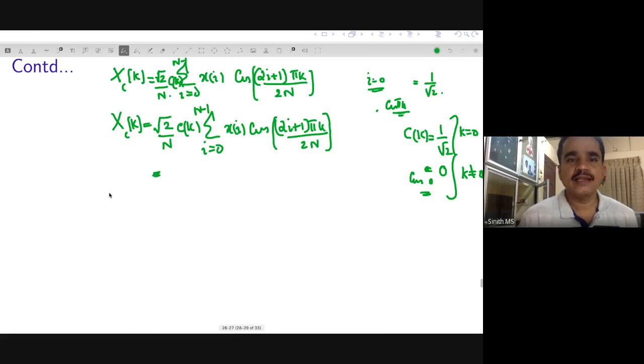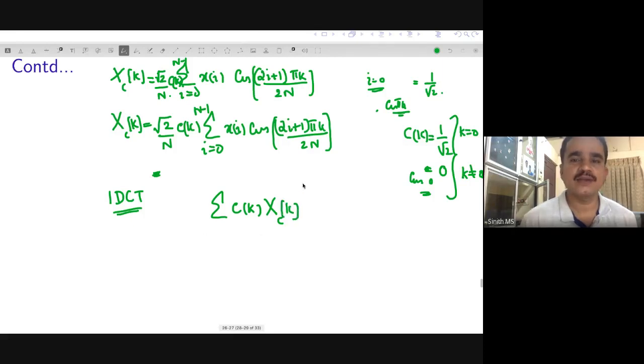Now to find the inverse discrete cosine transform, you can use the same algorithm. c k will go inside, so it will be sigma of c k x c k, where x c k are the coefficients you have from the discrete cosine transform, used for finding x n.